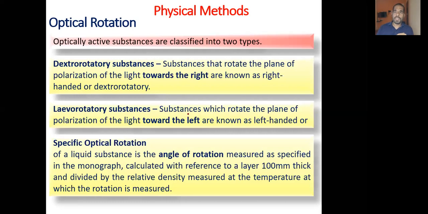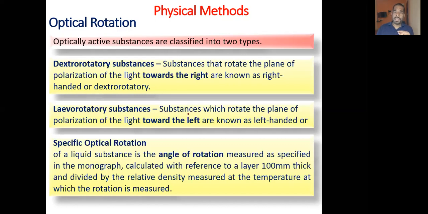Dextrorotatory substances rotate the plane of polarization of light towards the right, and those that rotate light towards the left are known as levorotatory. And the specific rotation of a liquid is the angle of rotation.